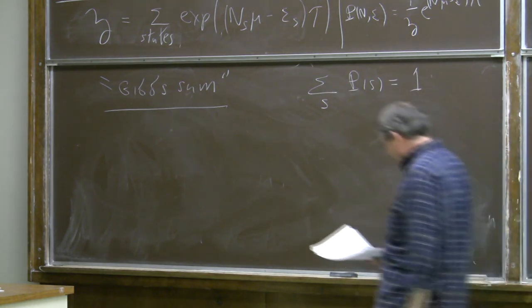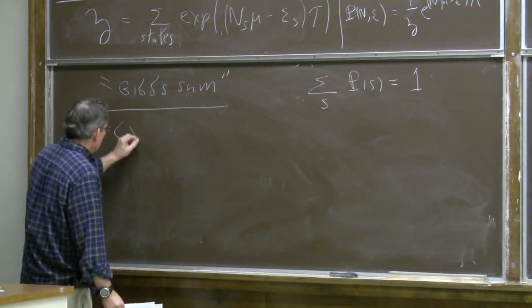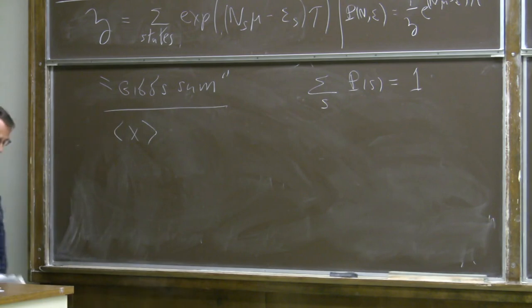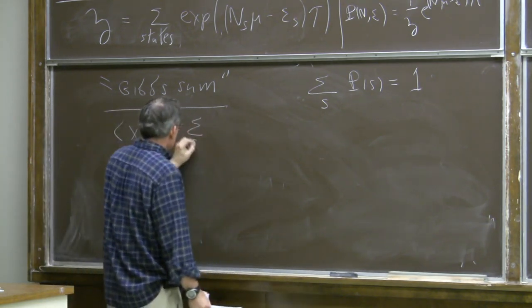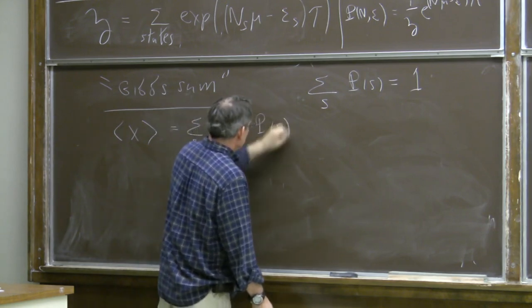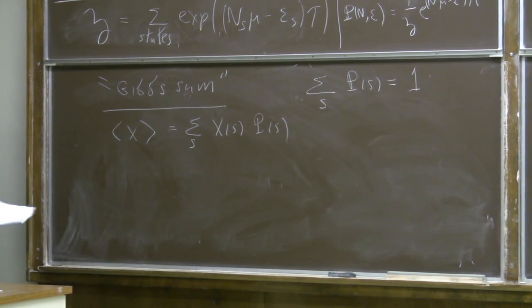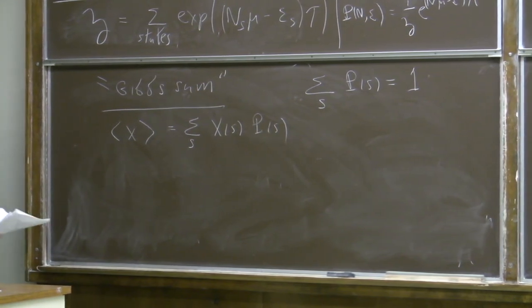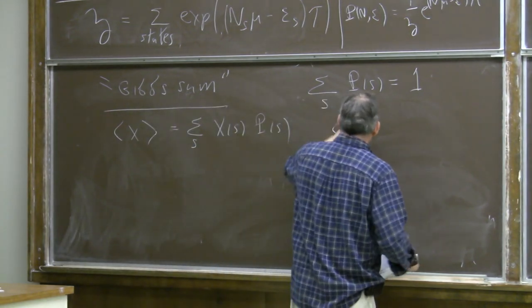And as with any probability distribution, I can consider the expectation value of some observable quantity, defined as the sum over states of the value of x in that state times the probability of being in the state. You remember before we talked about how to obtain the average energy of the system from the partition function.